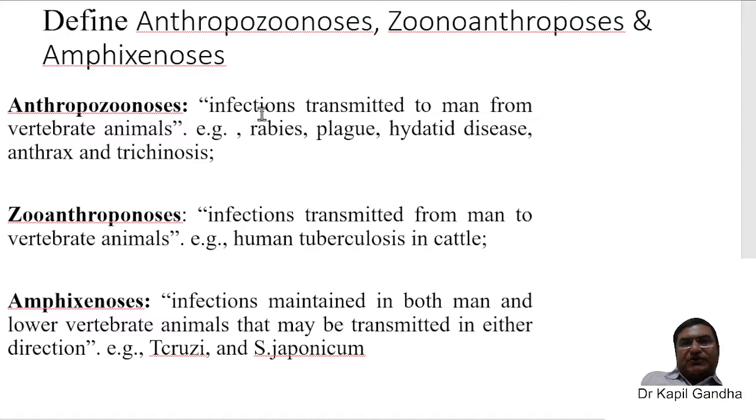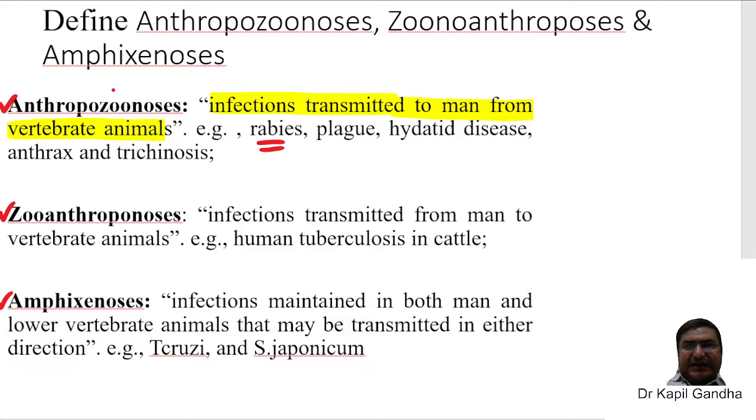Further subgrouping or typing of zoonosis, based on the direction of transmission, can be divided into anthropozoonosis, zooanthroponosis, and amphixenosis. So basically, anthropozoonosis is an infectious disease or infection transmitted to man from vertebrate animal. For example, rabies.